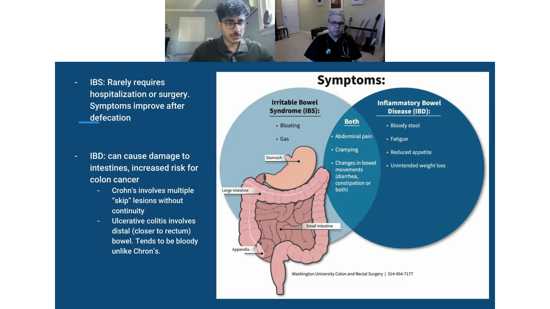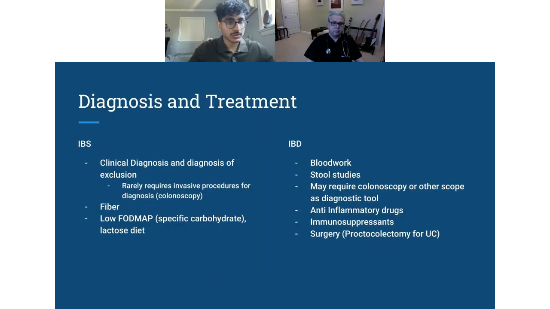And we can look at the diagnosis and treatment, so patients and parents are aware of that as well. So with IBS, it's generally a clinical diagnosis, and you want to exclude things like Crohn's and ulcerative colitis and some of the other things that we discussed so far in this presentation.